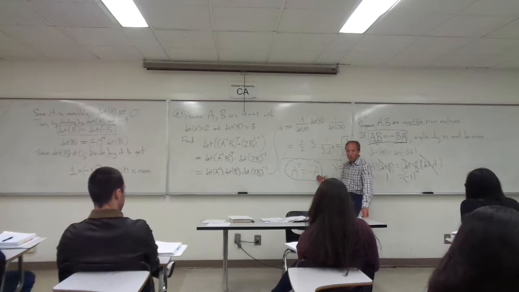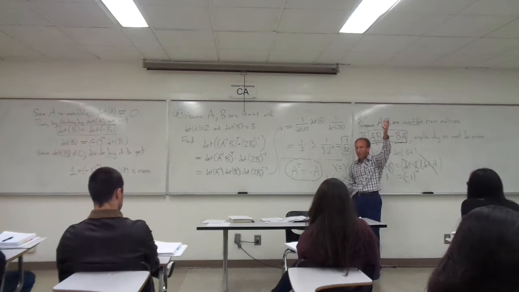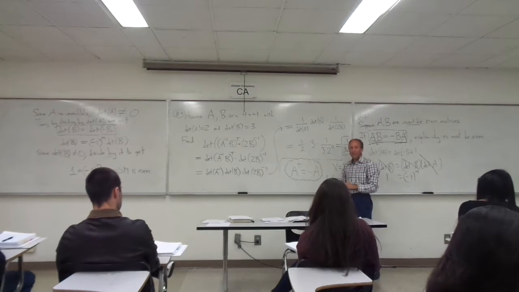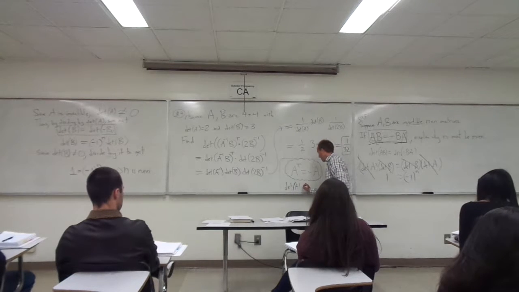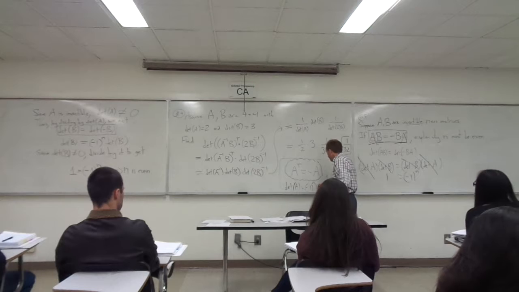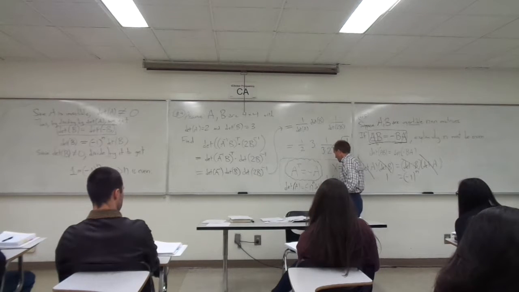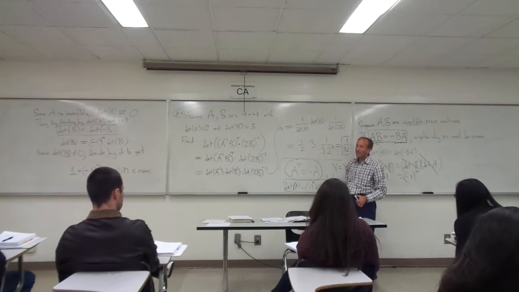And on this side, this is the determinant of negative A, so that (-1) to the n would pull out, times the determinant of A. I think this is the one on the sample midterm, so I don't want to do the whole thing. But basically, you would get something like that. Then if A was invertible, you would cancel the determinant, just like we did in the example, and say, oh, n has to be even.